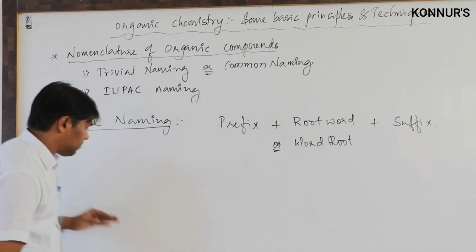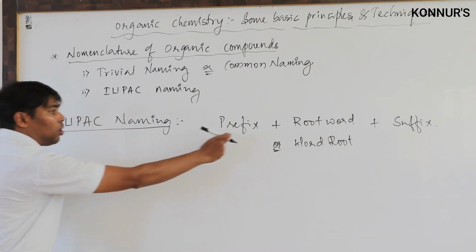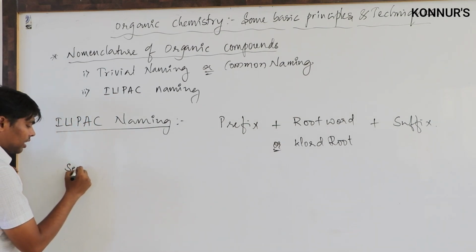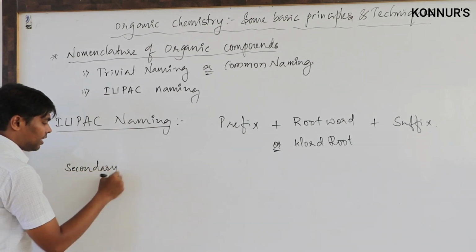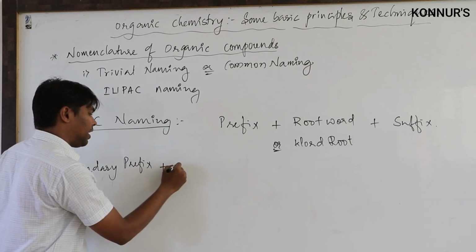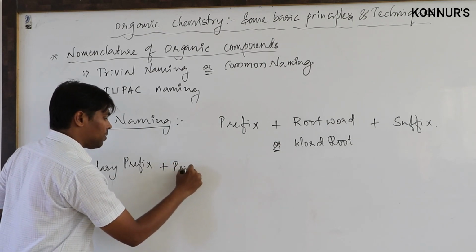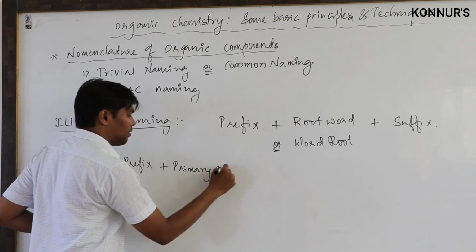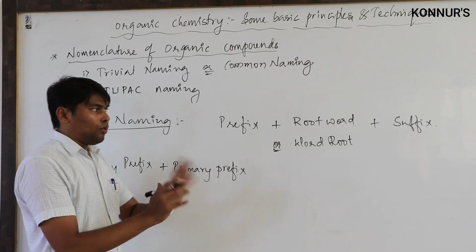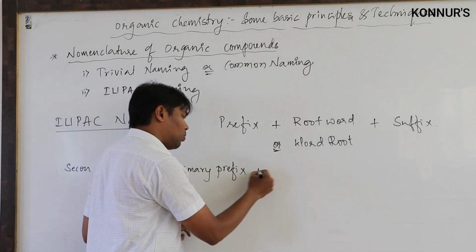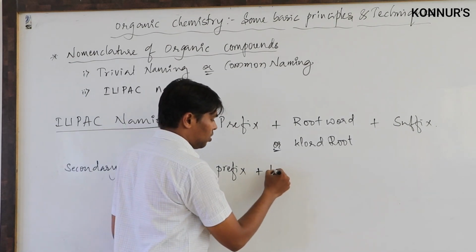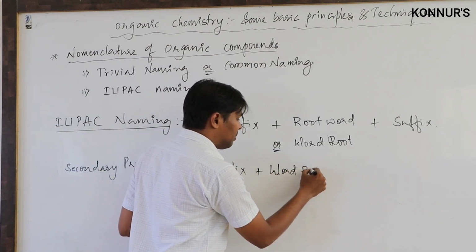In extended form, there are again two prefixes, which I am calling secondary prefix and primary prefix. Here, root word doesn't have any primary and secondary. Root word is a single name given to the number of carbon atoms in the parent chain. So, word root remains the same.